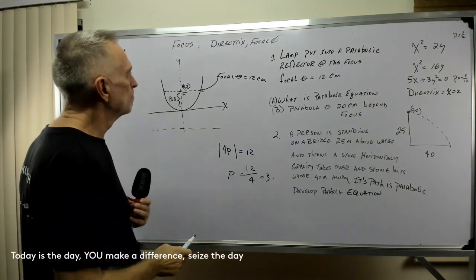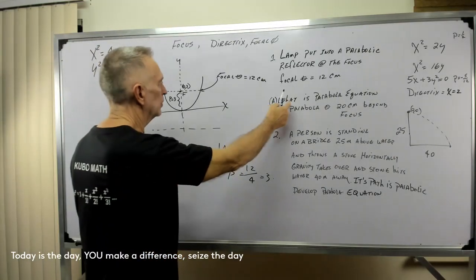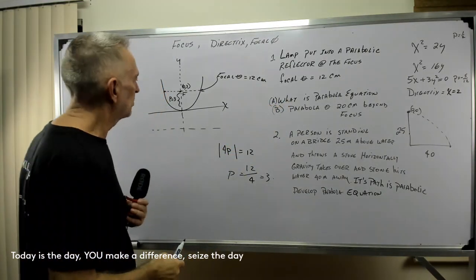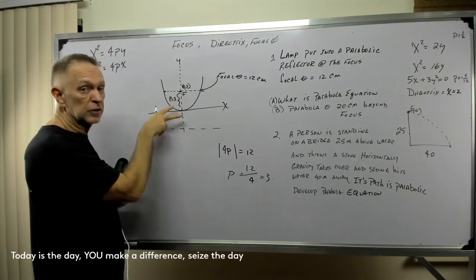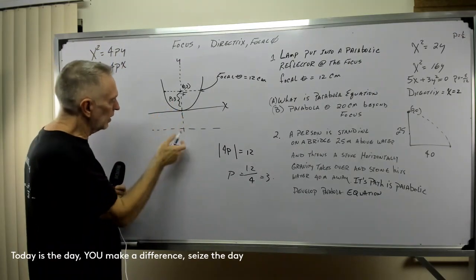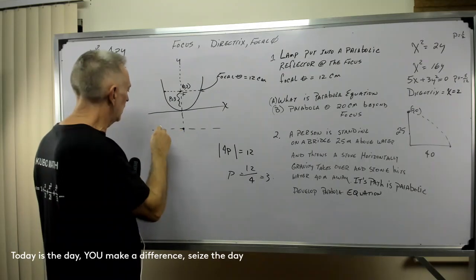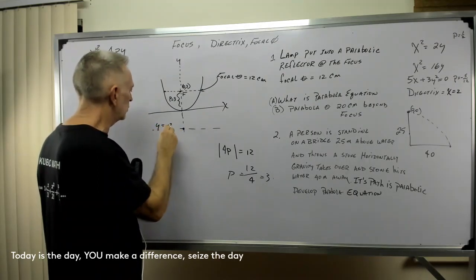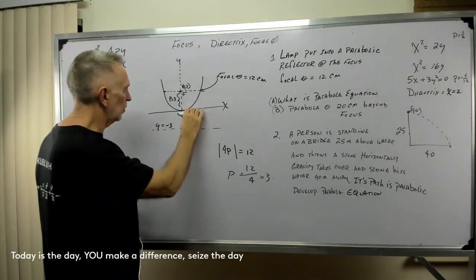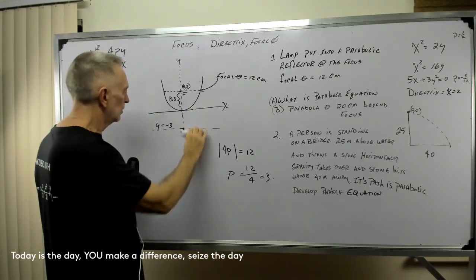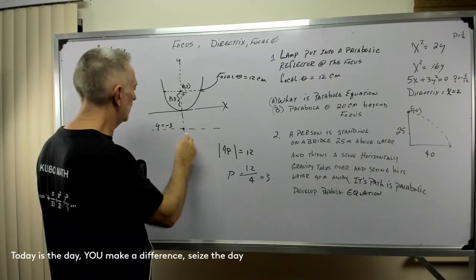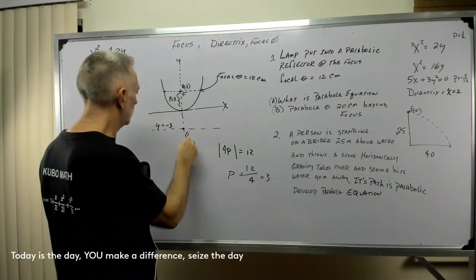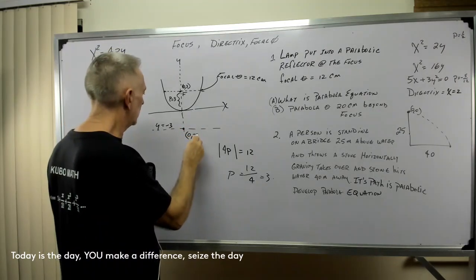Of course, the first part of this asks what the parabolic equation is. If p is 3, I know my directrix is down here at y equals negative 3, below the x-axis. So this point would be x is 0, y is negative 3.